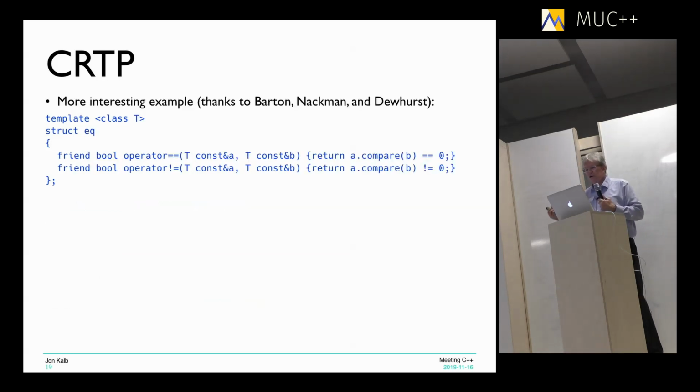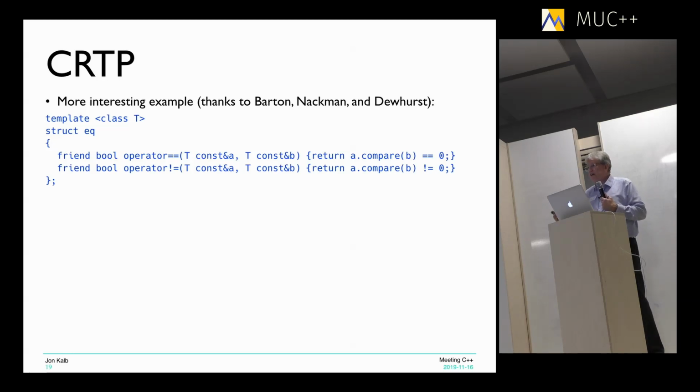So here's a little bit more interesting example. This is from Barton and Nackman, but was shared with me by Steve Dewhurst. So here is a base class called EQ, or equal class, and what it does is, given a comparison operator, it implements for us the equality and inequality operators, or not equal operators.